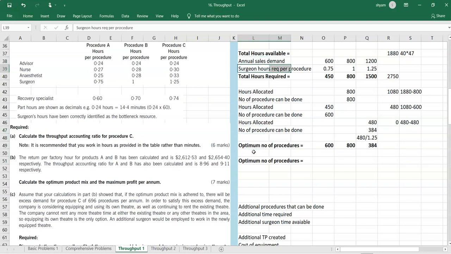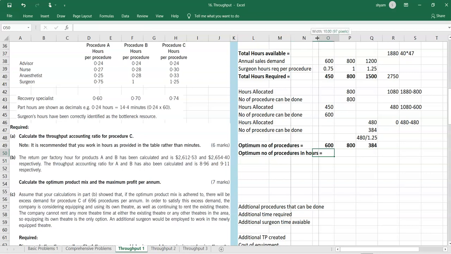So again, see, you can just get this in hours. Okay, that's not quite tough to get, because we have already worked it out, so we can easily get it.